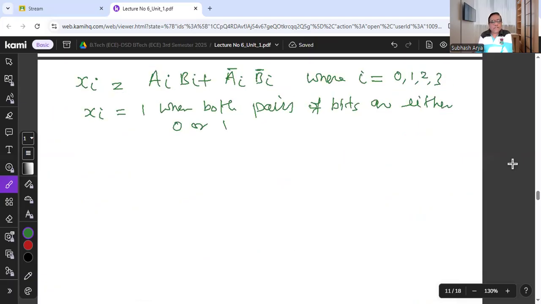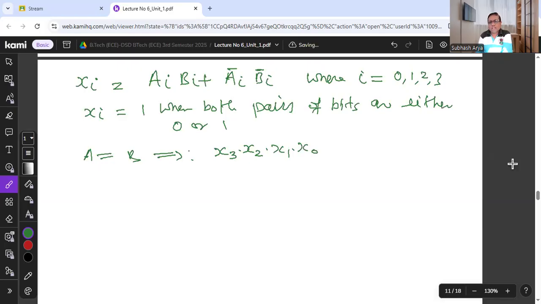So for each bit, A is equal to B means comparing A3, B3, both are equal, then we can write X3. Then AND operation with X2, AND operation with X1, and AND operation with X0.